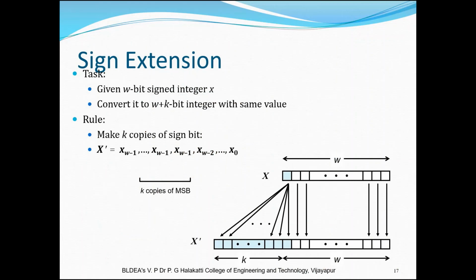Now coming to sign extension. Whenever a number is given, say a w-bit signed integer x, you have to convert it to a w plus k bit integer with the same value. Then the rule is make k copies of the sign bit.